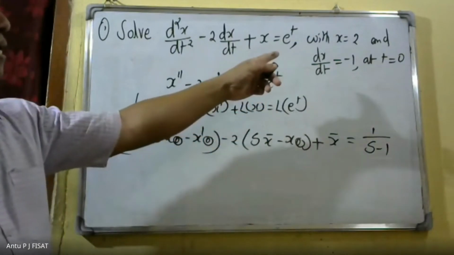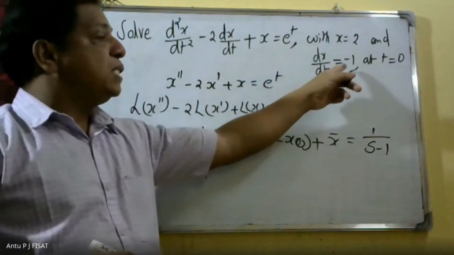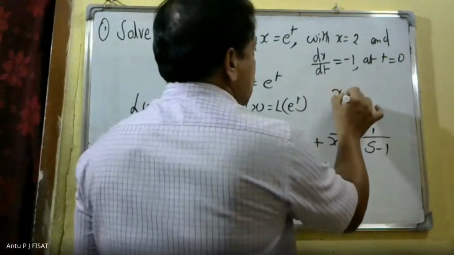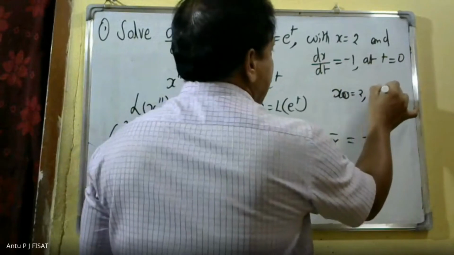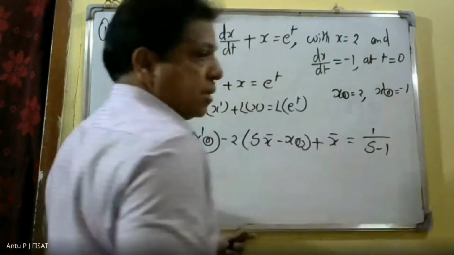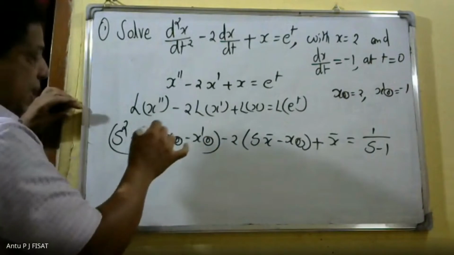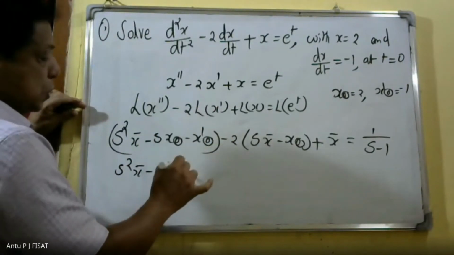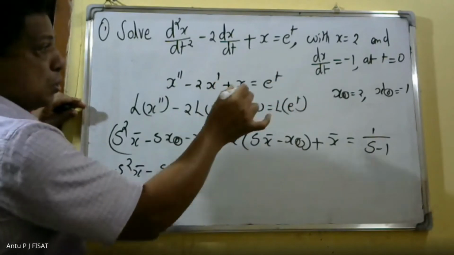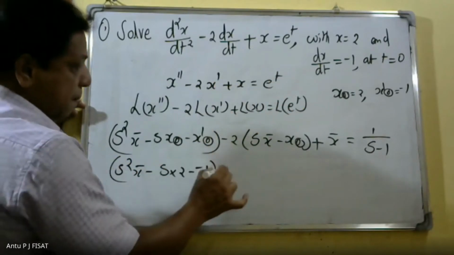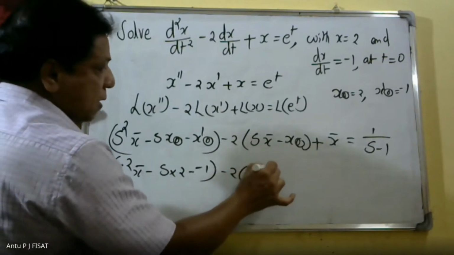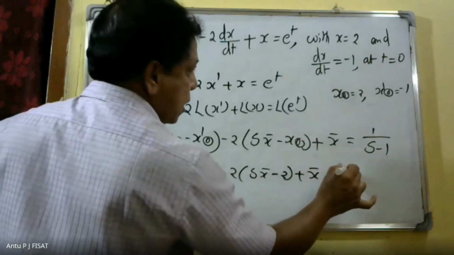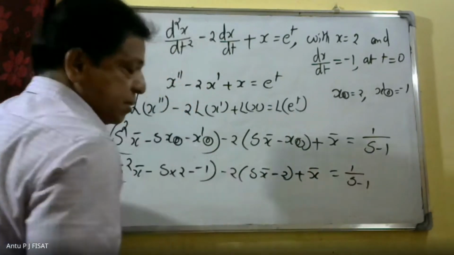The initial conditions are x is equal to 2 and dx by dt is equal to minus 1 at t equal to 0. That means x0 is equal to 2, x dash 0 is equal to minus 1. We apply here s square x bar minus s into x0, that is 2, minus x dash 0, that is minus 1, minus 2 into s x bar minus x0, that is 2, plus x bar is equal to 1 by s minus 1.